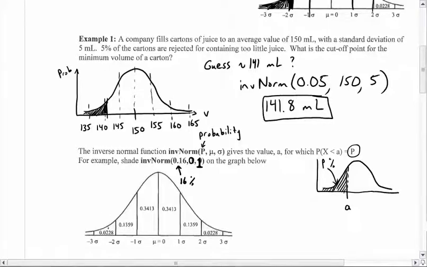Here we've got 2%. Here we've got almost 14%. So 16% is going to be just about up to negative 1 sigma, 1 standard deviation to the left of the mean.